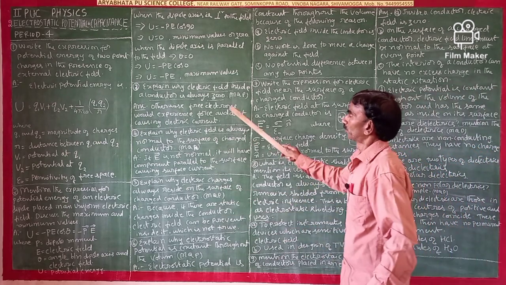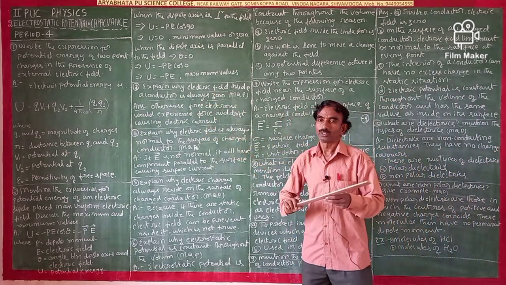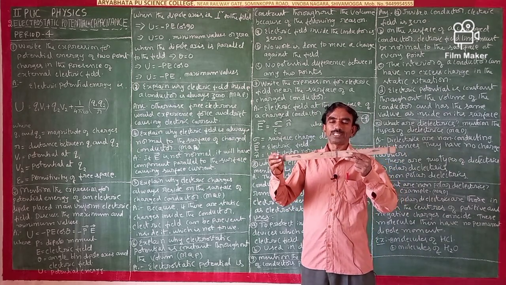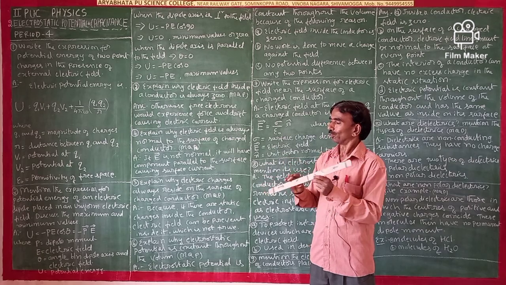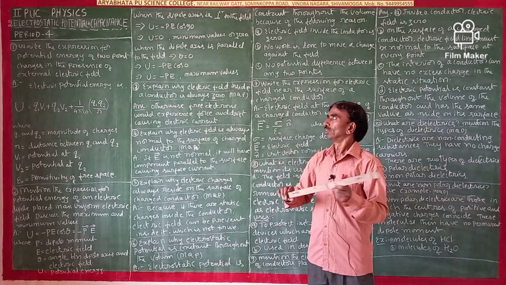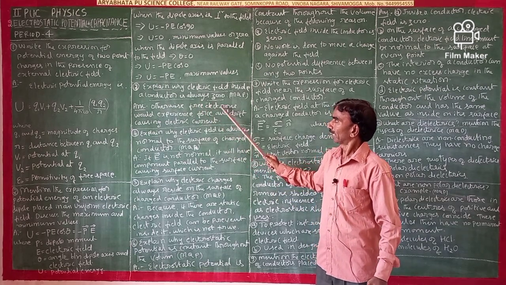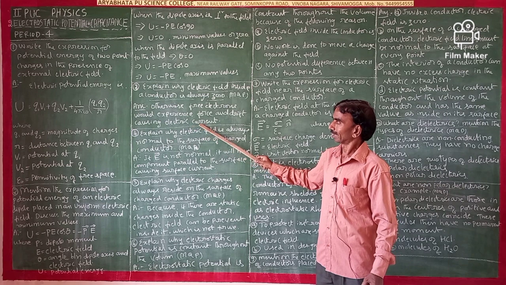Next one, explain why the electric field inside a conductor is always 0. So there is a conductor, a wire. Inside this conductor, the electric field is always 0 because the electric field is only outside, not inside. Otherwise, free electrons would experience force and drift, causing electric current.